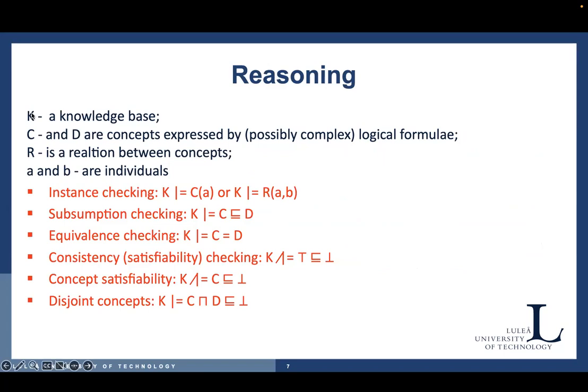Here is the notation. We have a knowledge base and some concepts. R is a relation between concepts, say son of, or if we talk about somebody eating something, eats is a relation between the subject and the object, what it eats.